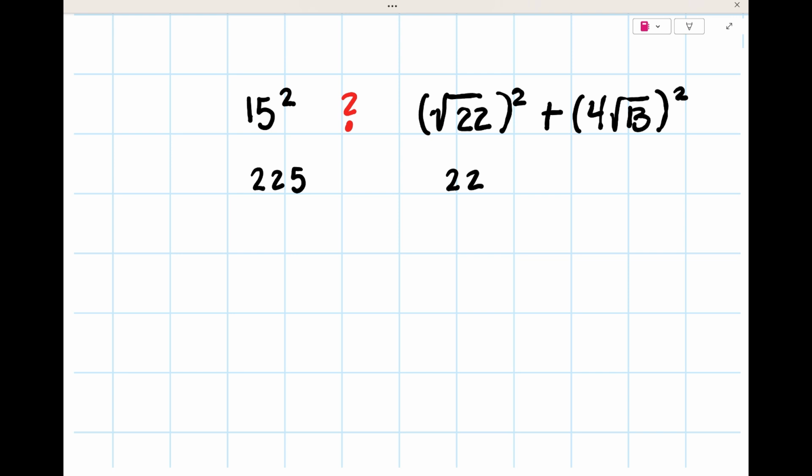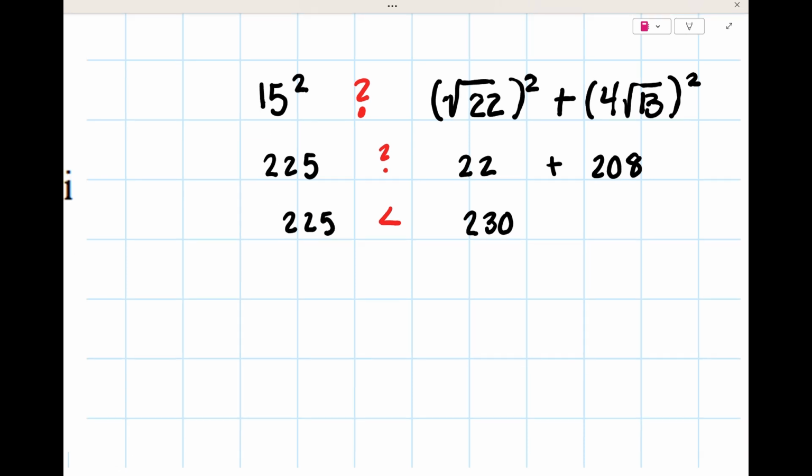Squaring a radical cancels the radical, so we just get 22. And for the second one, we repeated the process. Take the sum, we get that, compare it to our c squared, which will be less than. And if your c squared is less than, then you have an acute triangle.